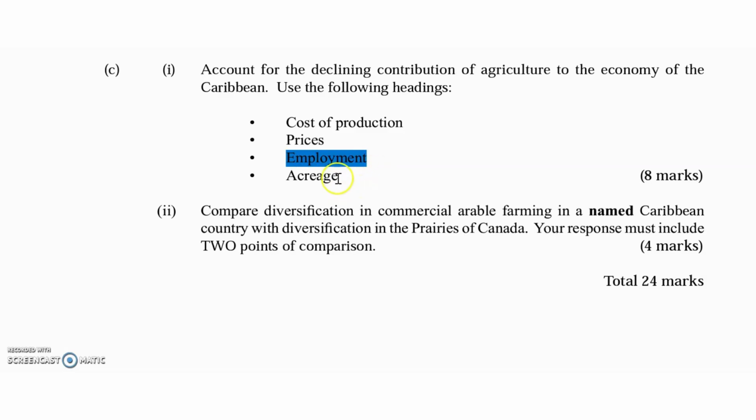With respect to acreage, we must bear in mind that with population increases in the Caribbean, many parts of land are in fact being replaced by infrastructural development for settlement expansion, also for industrial expansion, and administrative areas are being established.